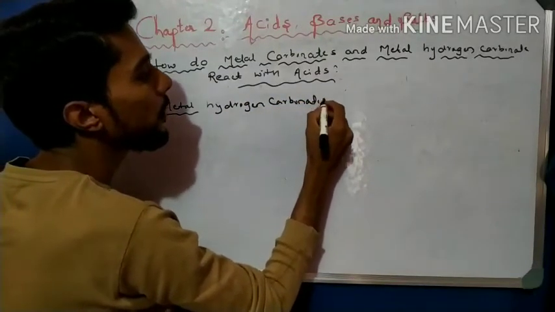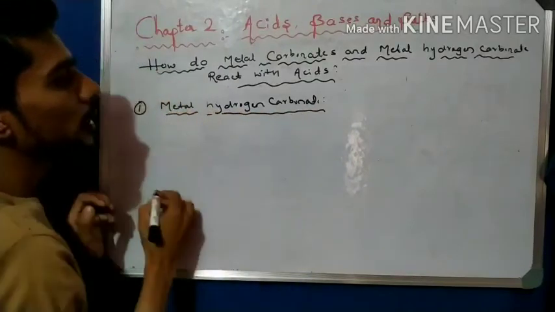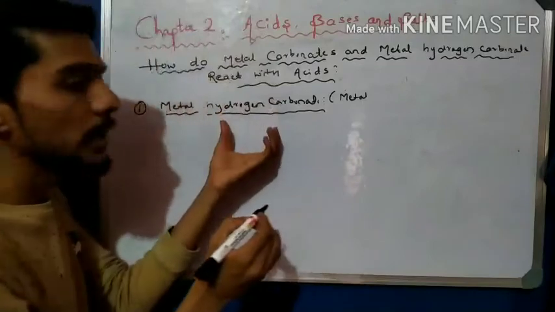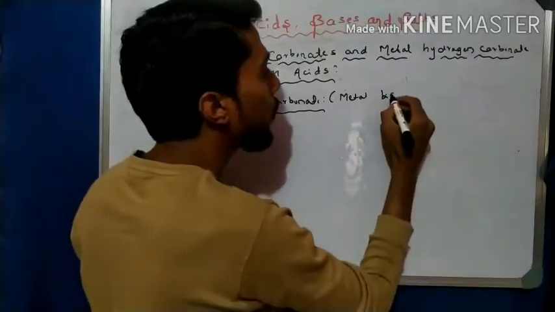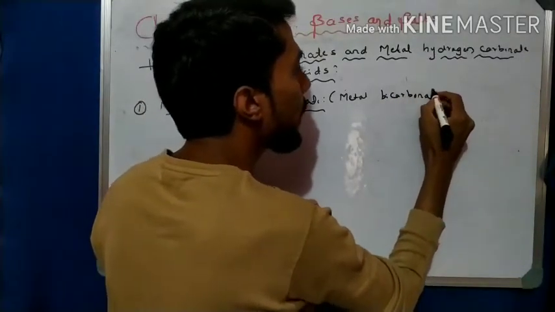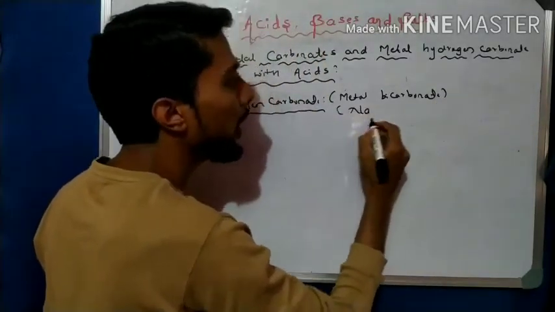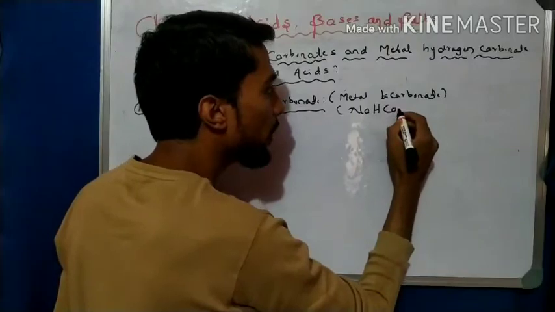See that metal hydrogen carbonate is also called a metal bicarbonate. Both are the same. For this I take the example of sodium hydrogen carbonate.